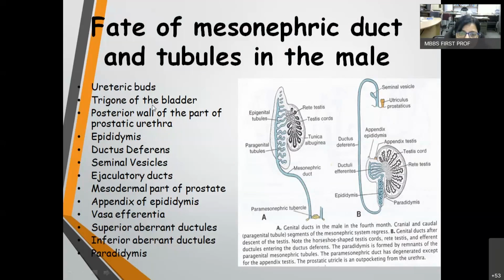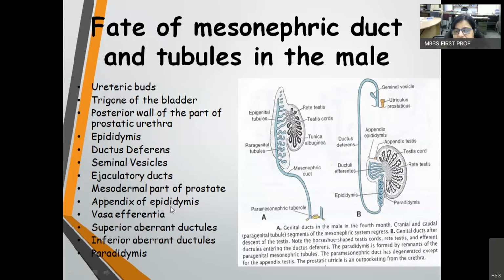Then there is the trigone of the bladder, because all this is mesodermal. Mesonephric duct is there, the posterior wall of part of the prostatic urethra. Then there is the whole duct system of the testis, that is epididymis, vas deferens, seminal vesicle, ejaculatory duct, and as there is the trigone of the bladder, there is the mesodermal part of the prostate.